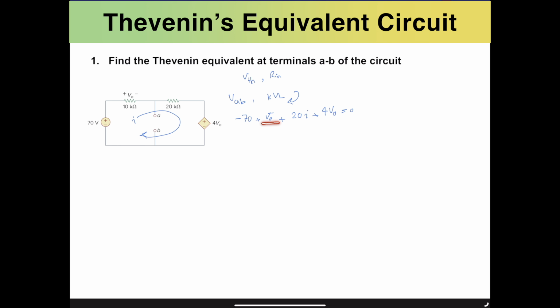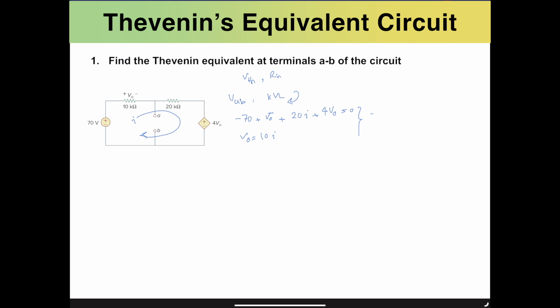However, we need to be mindful that there is a relationship between VO and I, simply because VO is the voltage drop across this 10K, and that is nothing but 10K times I. So VO equals 10 times I.